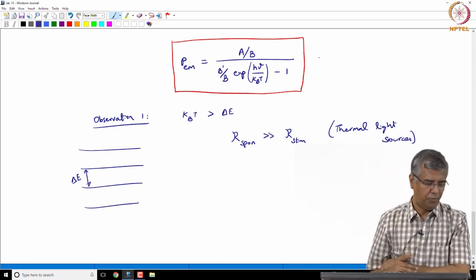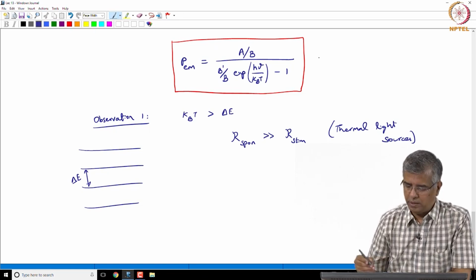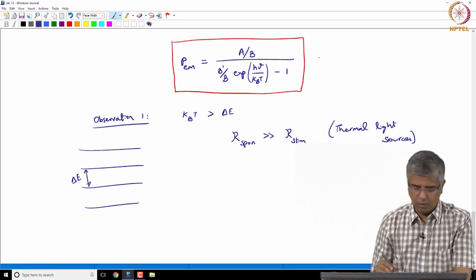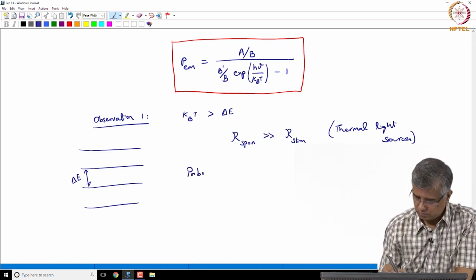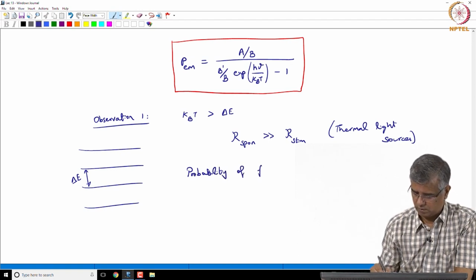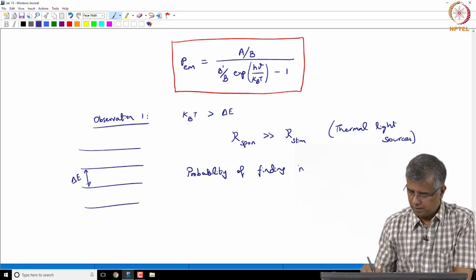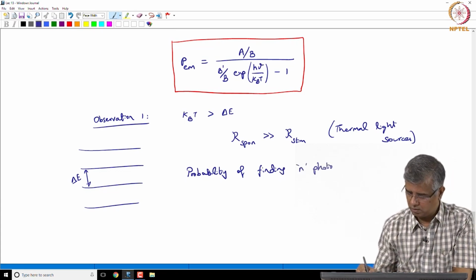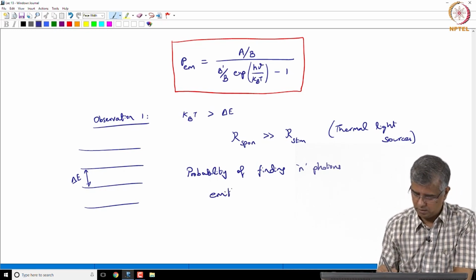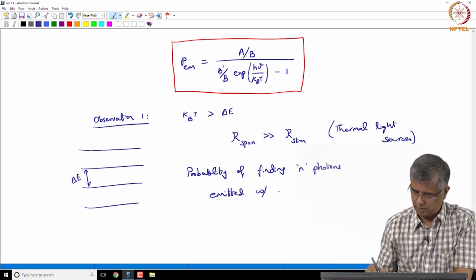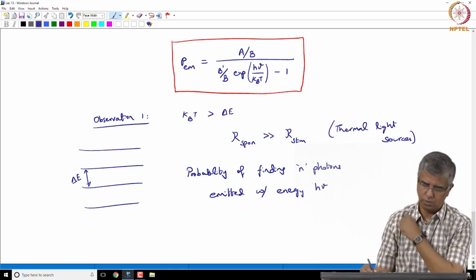And if we were to go into this in a little more detail, what we will find is the probability of finding n photons emitted with energy h nu, right.